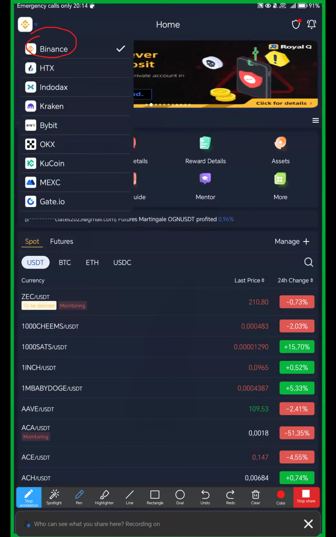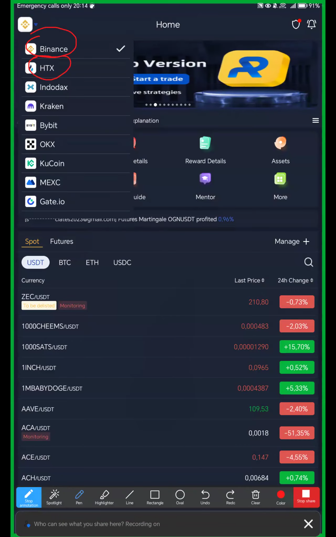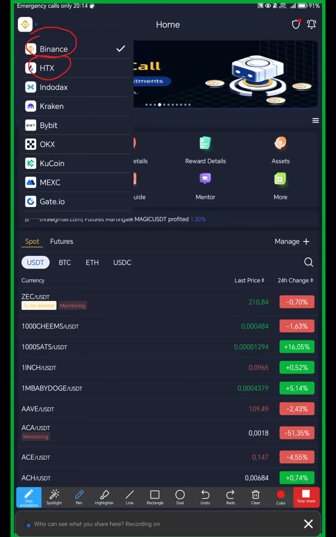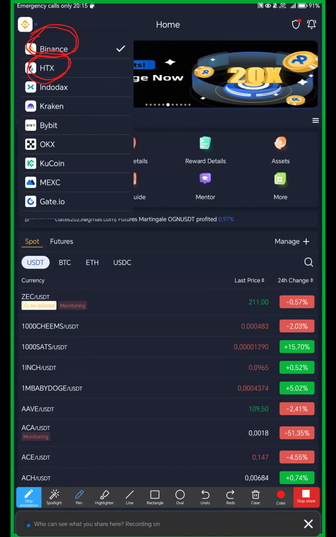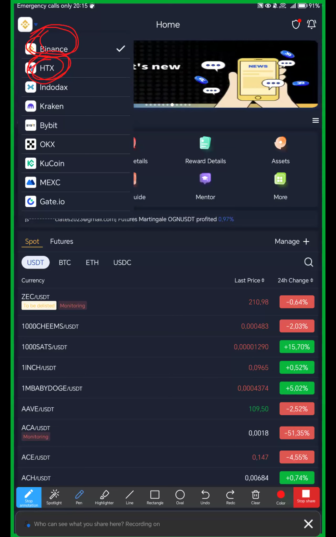There are some that are trading in HTX. When you are on HTX, you will see that there are coins available on the Binance market, but they are not available on the HTX market. The same applies the other way round: there might be some coins that HTX has which Binance does not.